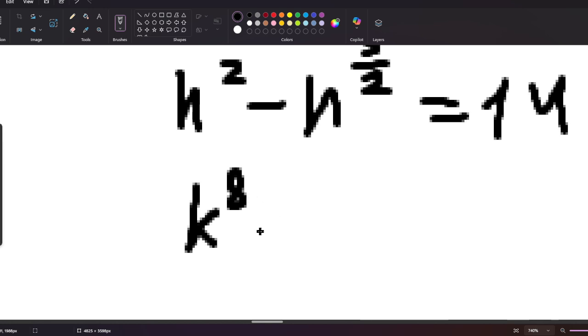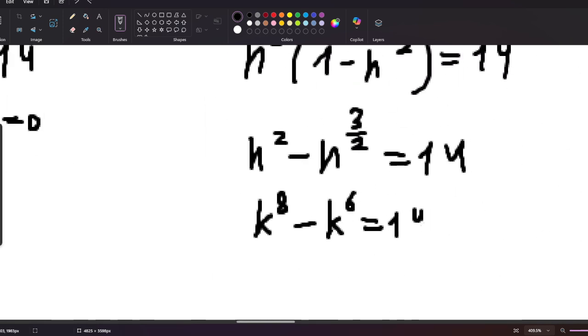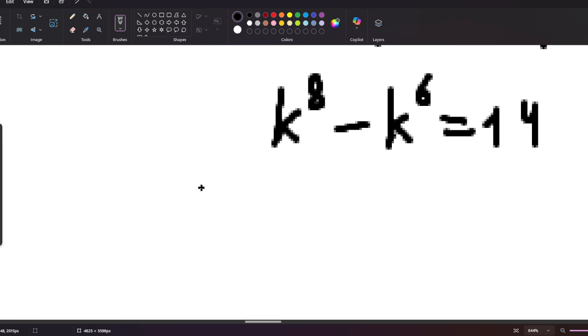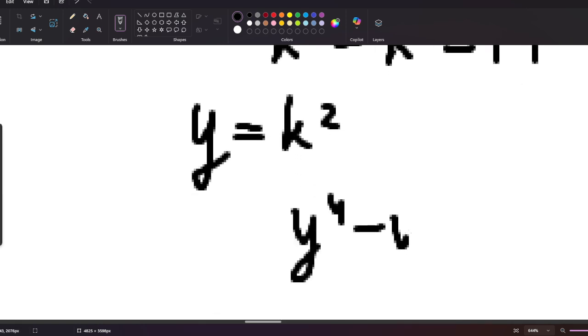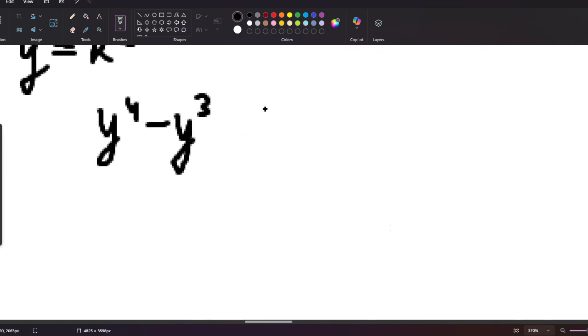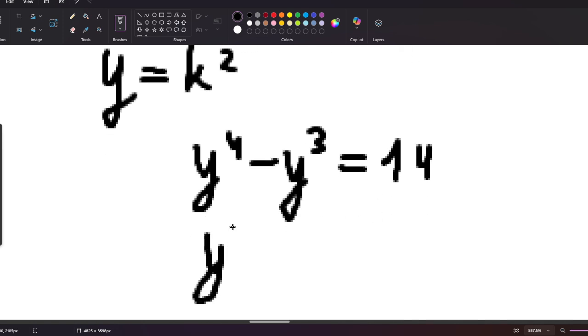K to the 8th power minus k to the 6th power equals 14. Let's do another substitution. Let's say we have some number y equals k squared. So y to the 4th power minus y to the 3rd power equals 14. Let's transport 14 to the left side.